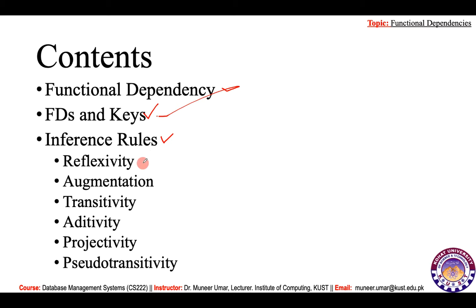These are reflexivity, augmentation, transitivity, additivity, projectivity, and pseudo transitivity. So we will study all these in today's lecture. All these are associated with the association among different attributes of database tables, and these are all required for the normalization of data in the database tables.